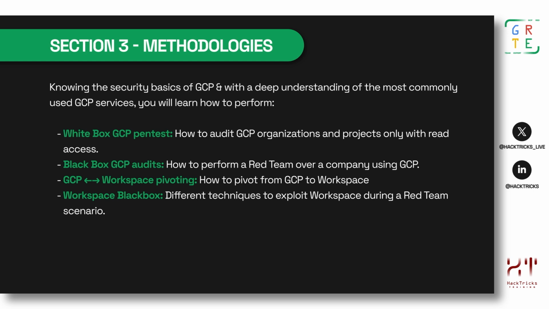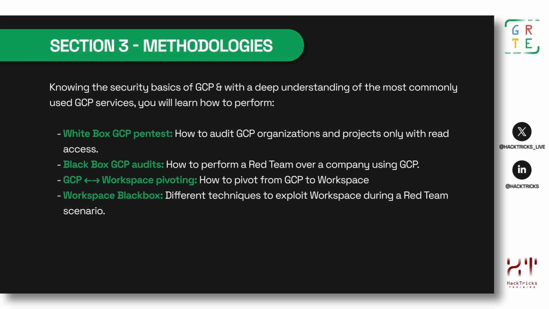Then we are also going to be learning how to pivot between GCP and Workspace. This is interesting because, of course, both platforms are very closely related, since in Workspace you can create users and groups that then might be granted access over GCP. So during these lessons, we are going to be talking about the relationships between GCP and Workspace and how, with enough privileges, you could abuse one platform in order to pivot to the other one.